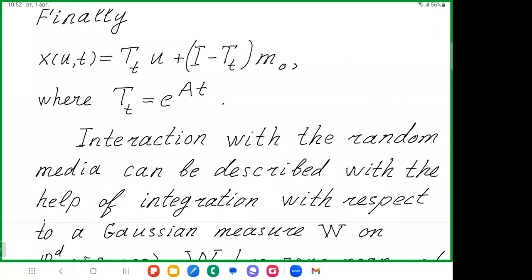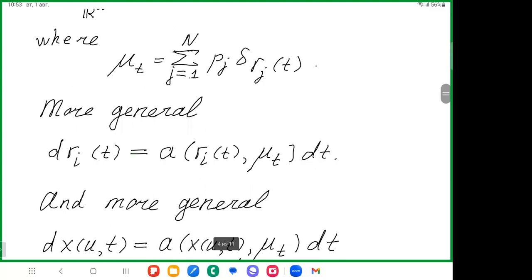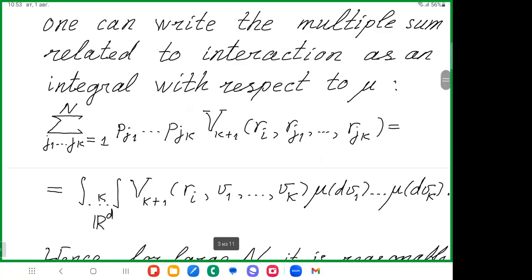And one can expect that we need to construct noises for every particle, but these noises must be dependent. So let us exploit this picture which I drew.